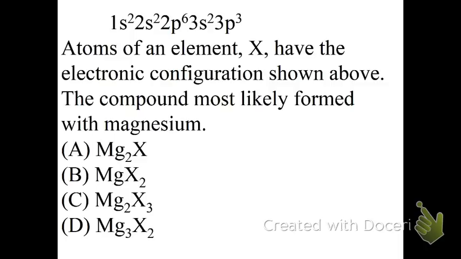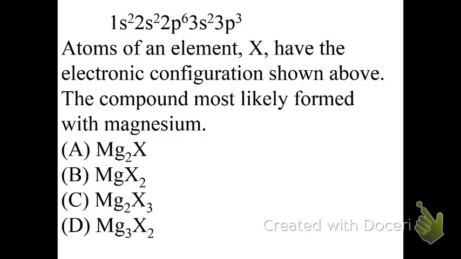Okay. Here's an example of the way that they'll ask electron configuration questions in AP Chem. We have 1s2, 2s2, 2p6, 3s2, 3p3. Atoms of an element X have the electron configuration shown above. The compound most likely to form with magnesium is this.